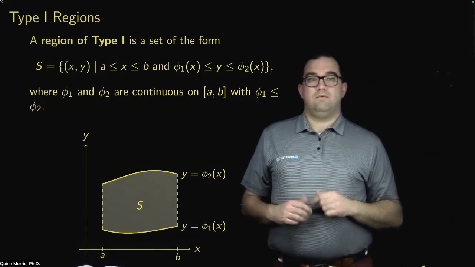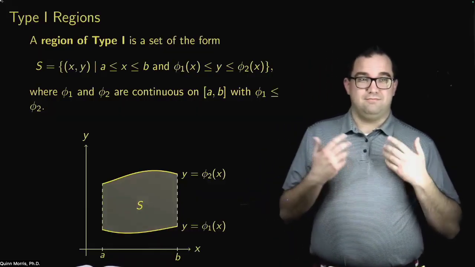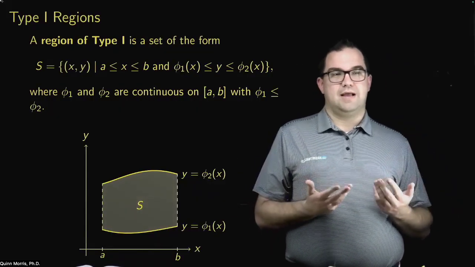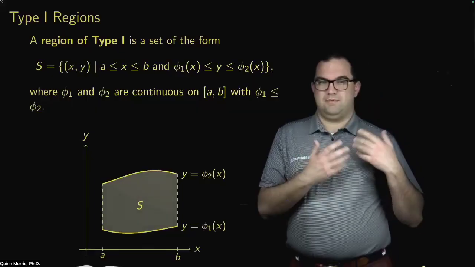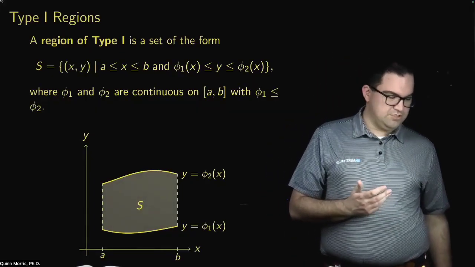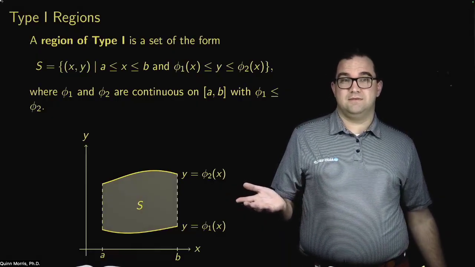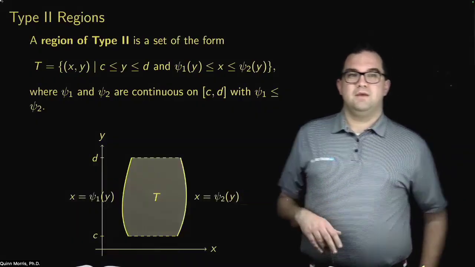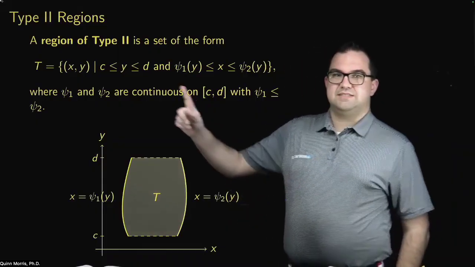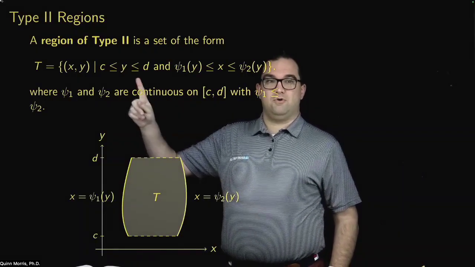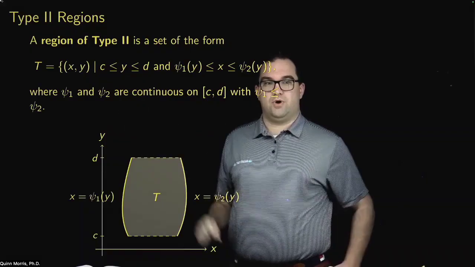Now, you probably saw this in Calc 3 also, but you might be able to immediately figure out what a type 2 region is. The idea is to take this and rotate it 90 degrees. That gives you a type 2 region. In a region of type 2, my y values are bounded between two constants.